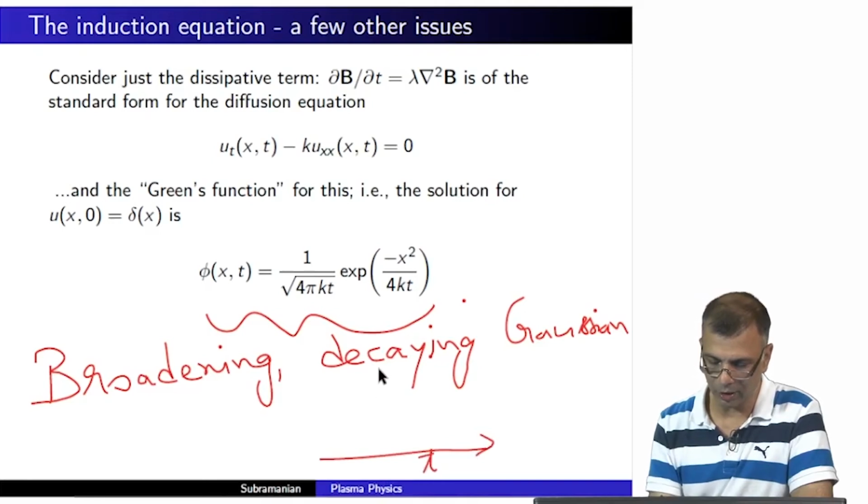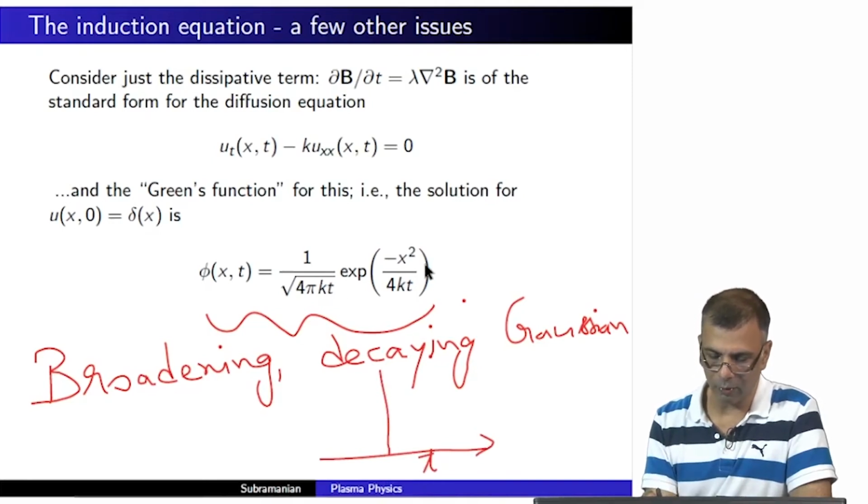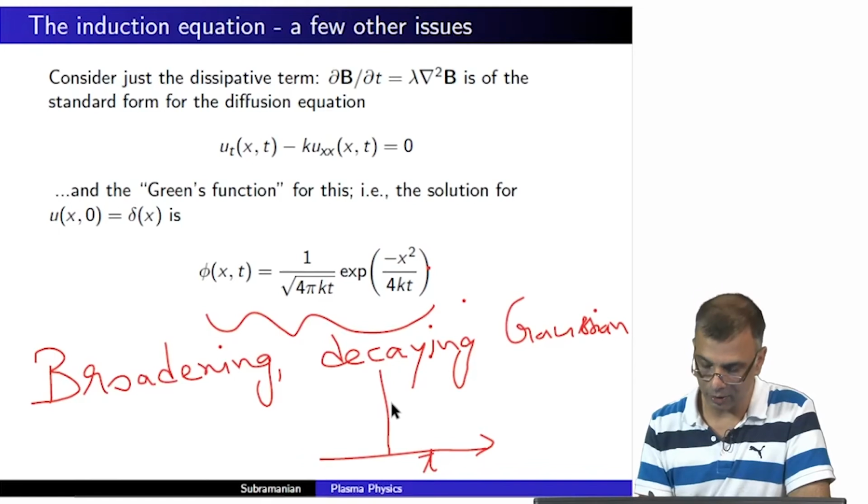You started out with a delta function like this, and with increasing time, the variance increases and the height decreases. So, you started out with a delta function at time t equals 0. At a later time, it would look like this.